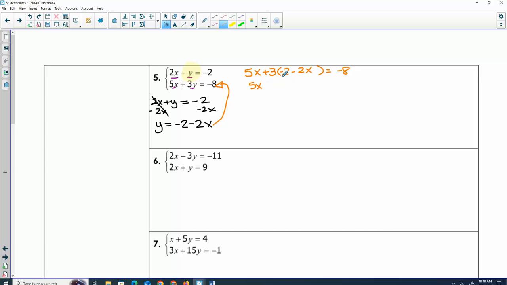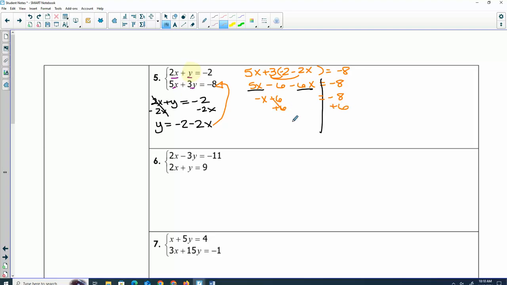So if we distribute, we get 5x minus 6 minus 6x equals -8. And this is all on one side, so we're just combining like terms. 5x minus 6x is -x minus 6 equals -8.